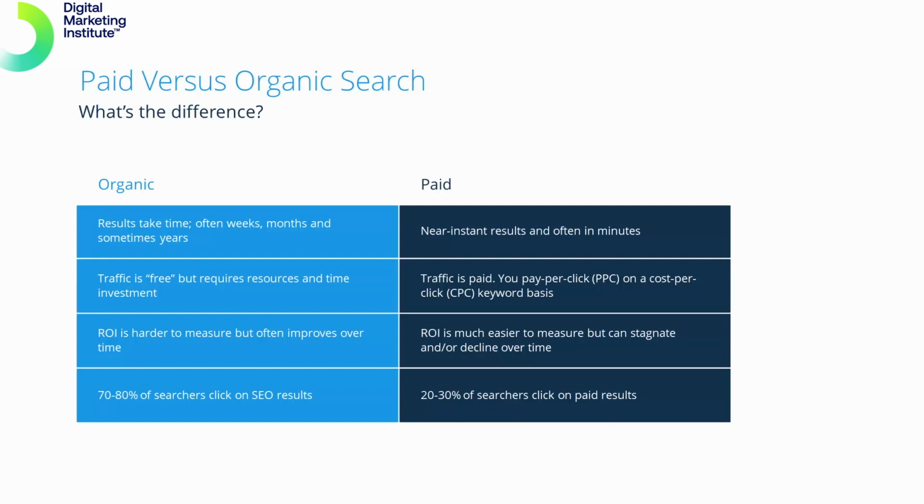And when it comes to the share of traffic, roughly 20 to 30% of searchers click on paid results. And that compares to 70 to 80% on SEO results. So the lion's share of clicks are actually on the organic or the search engine optimization results.